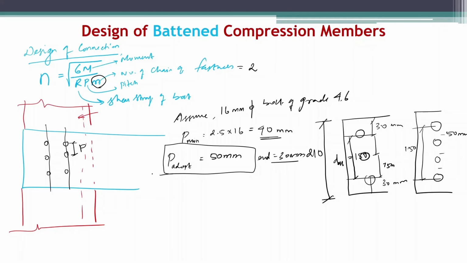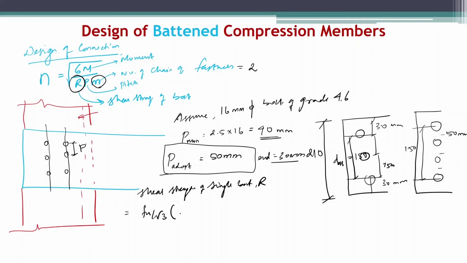So I need to calculate the shear strength of my single bolt R. Here, this is the shear strength of single bolt, which is equal to Fu upon root 3.